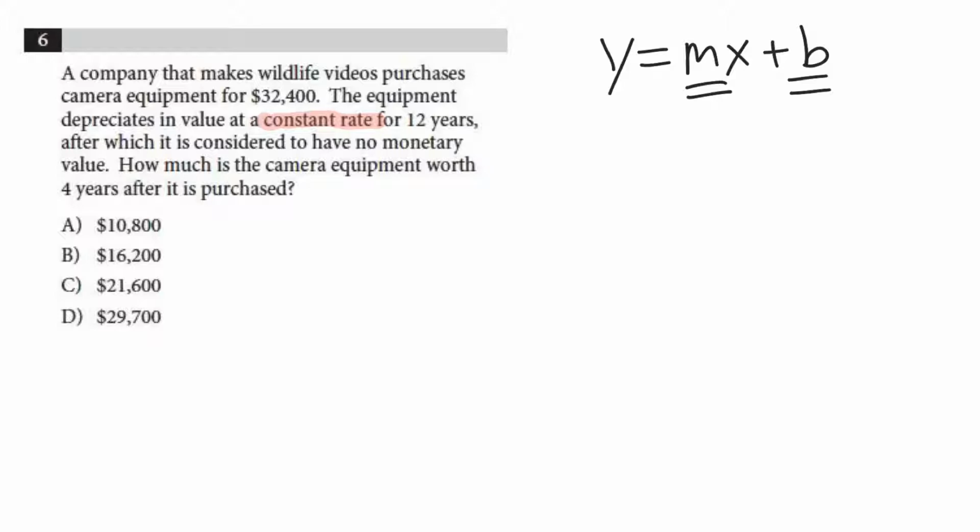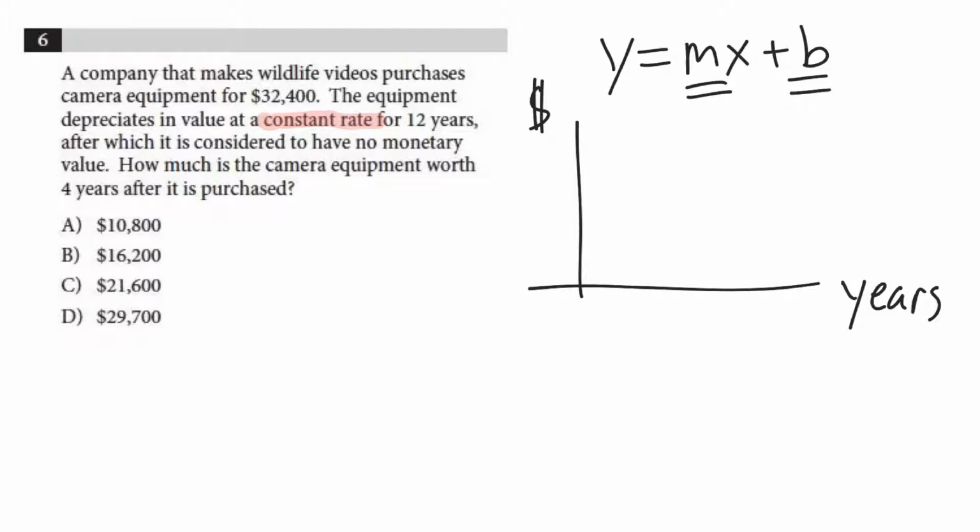Okay, so at 0 years, if we think about this as years on our x and value on our y, we can see that after 0 years, we're going to be worth 32,400, and after 12 years, we're going to be worth nothing. So the point 0, 32,400 would be on our graph, and the point 12, 0 would be on our graph.